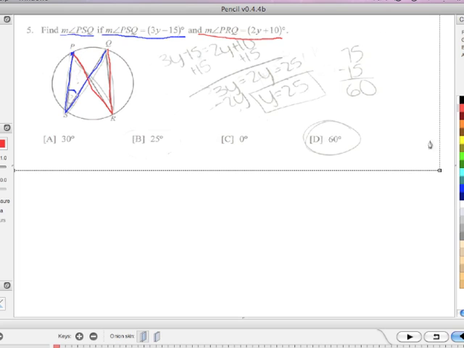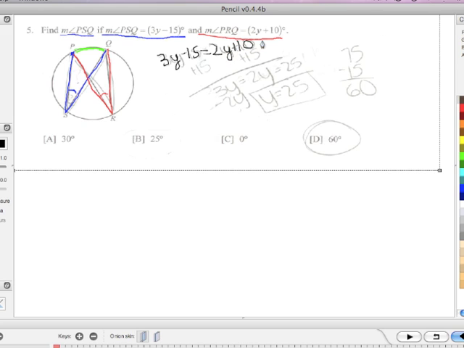They both have this arc in common, and so these angles have to be the same measure. So some of this is already written here. Let me just go through this. 3y minus 15 is equal to 2y plus 10.